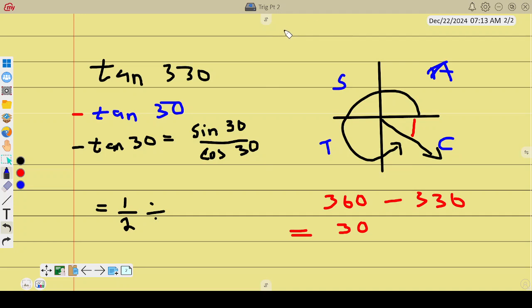Why should I suffer when we can work it out? 90, 60, 45, 30, 0. So for cos 30, we're starting from here going up. So I have 1, 2, 3. We even discussed this. So cos 30 is root 3 over 2.